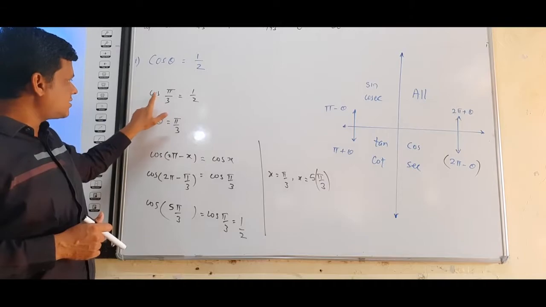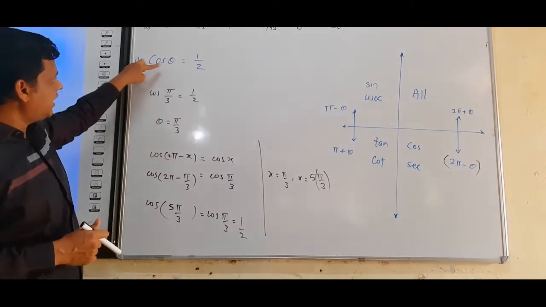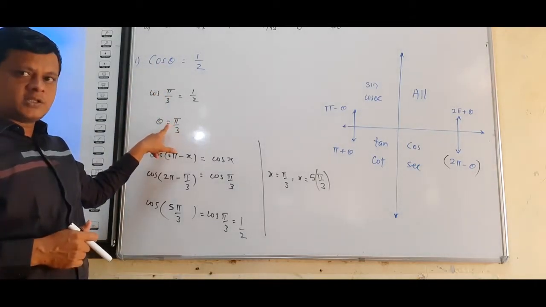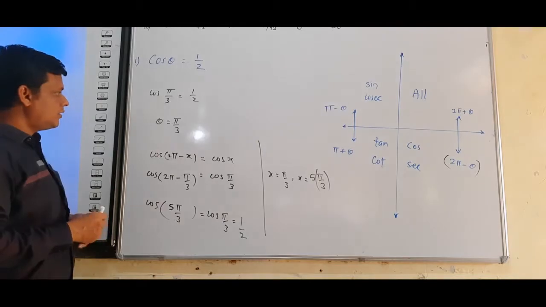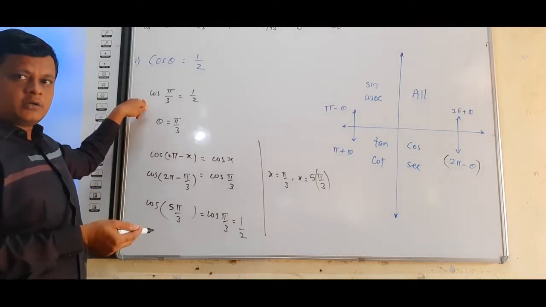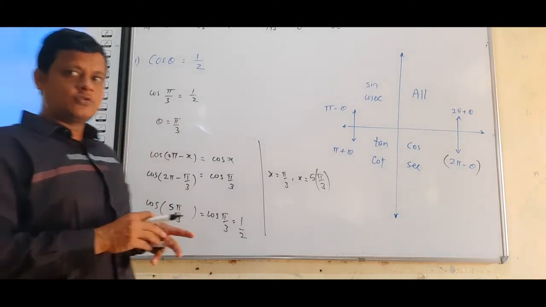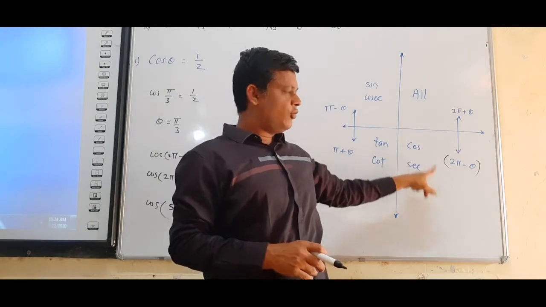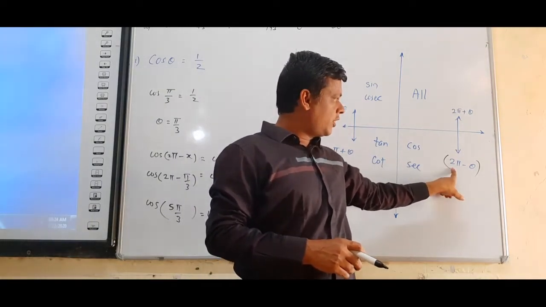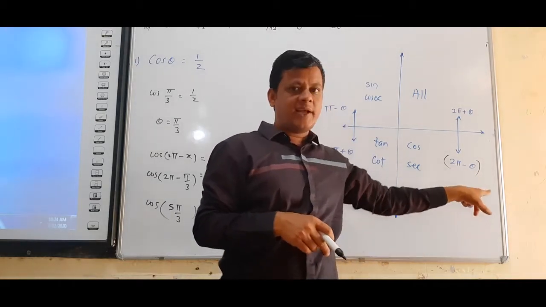We know cos 60 is 1 by 2. So after comparing we get theta equals pi by 3. That means theta equals pi by 3 is the solution. Now we have to check in another quadrant for which angle this cos is positive. So we know that in the fourth quadrant the cos ratio is positive. So for the fourth quadrant we have the up-down formula, that is 2 pi minus theta.